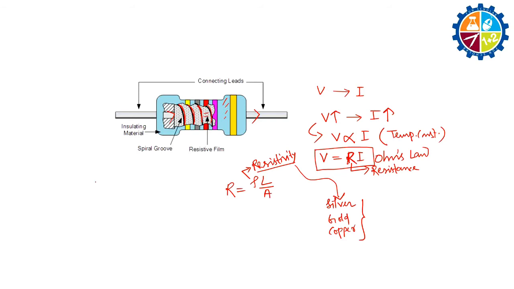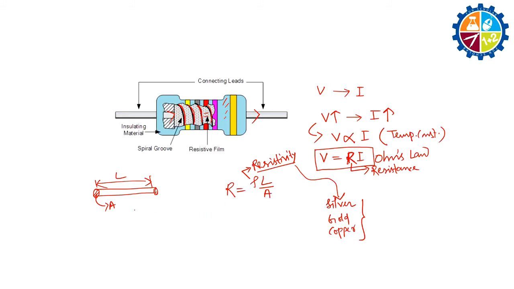Let's say I have a resistor and the length of the resistor is L, and the area of cross section is A. Then I can obtain the value of resistance by dividing the length by the area and multiplying by the resistivity.